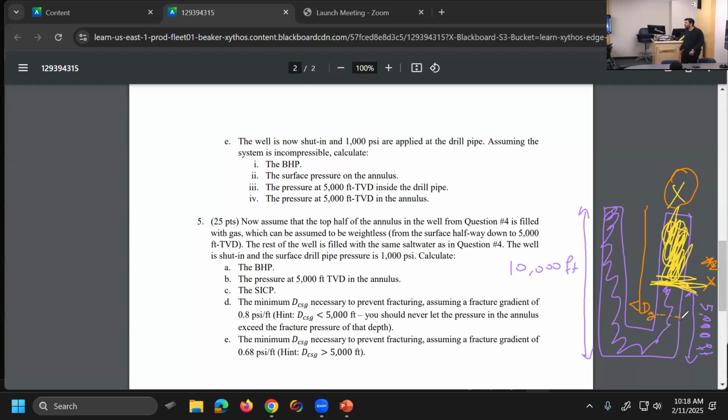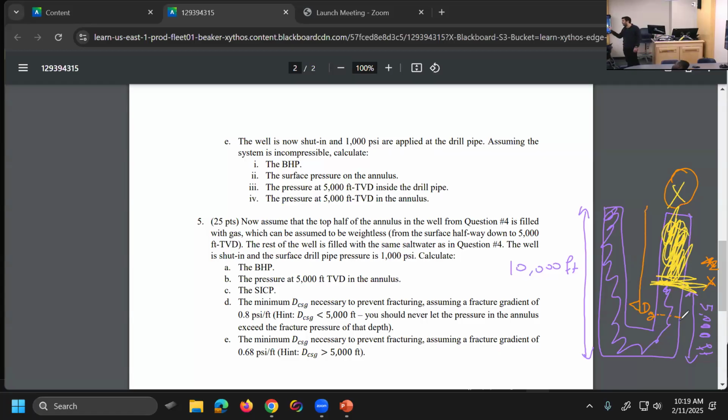Do I know X already by that point in that question? Have I already calculated X? Yes, you covered that as the surface pressure. Exactly. You did it on part B, part C, whatever. Right?